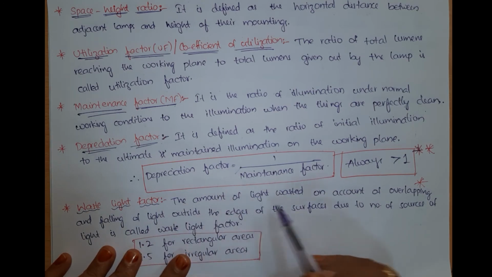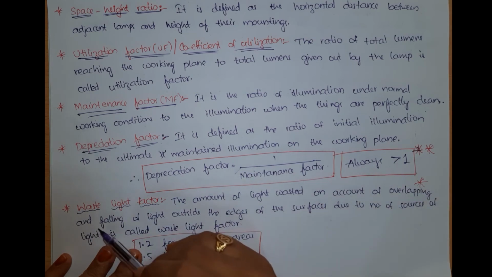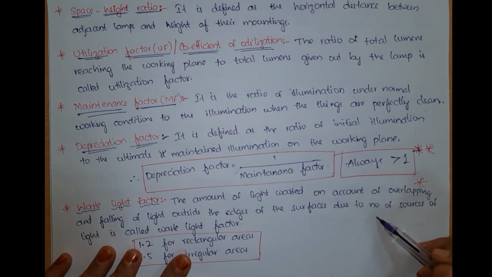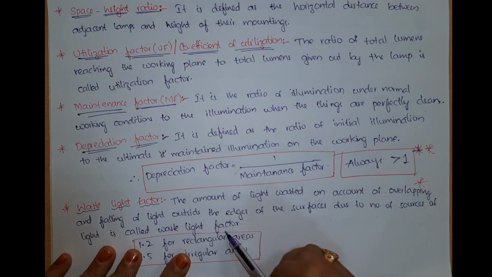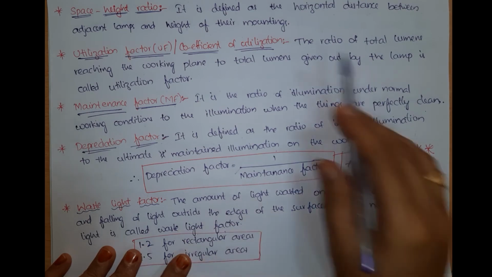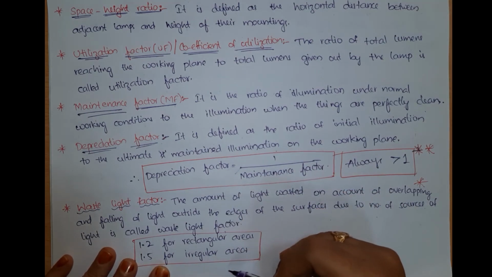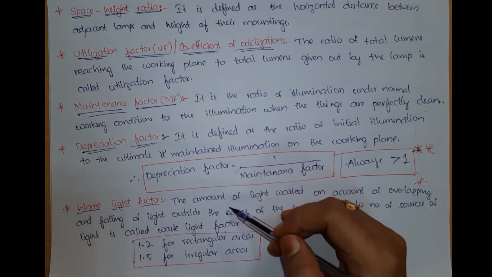The amount of light wasted on account of overlapping and falling of light outside the edges of the surface due to number of sources of light is called waste light factor. So generally waste light factor is taken as 1.2 for any rectangular area and 1.5 for irregular areas. Okay, this is about waste light factor.